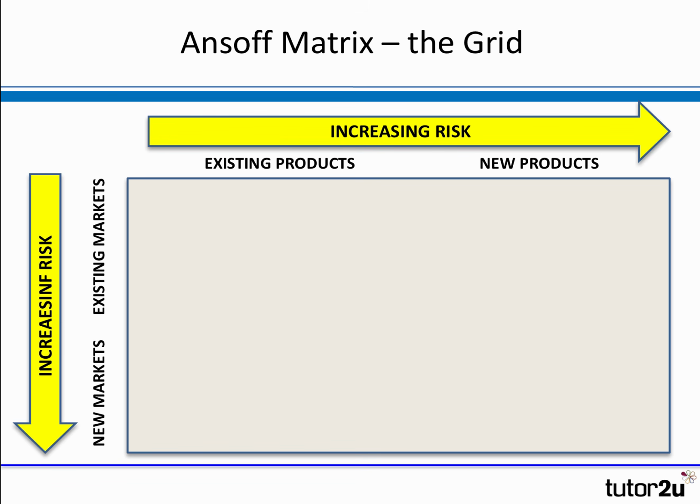So that as you move towards the bottom right-hand corner of the grid, in theory, the choices you make involve the greatest risk. So we'll come back to that as we look at the four elements of the Ansoff Matrix.